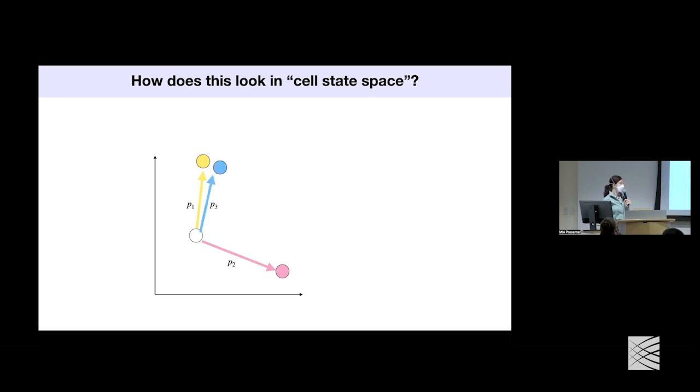Maybe the third one is pretty similar to the first one. Maybe some perturbations don't do much. Today we want to learn how to reason in this cell state space in order to predict what combinations of perturbations would do, or predict what kind of cell states entirely new perturbations could bring about.